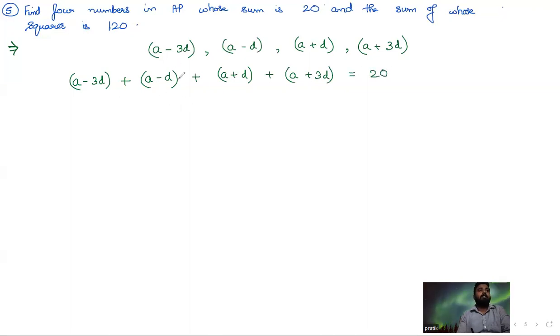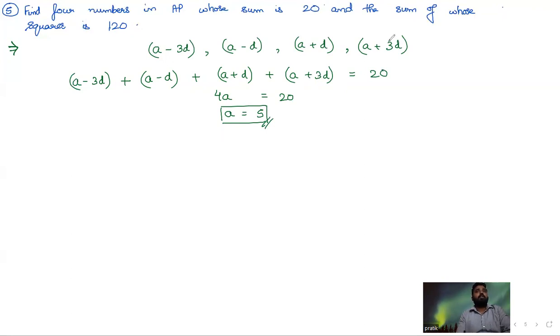Definitely, minus 3D cancels with plus 3D, minus D gets cancelled with plus D. So left out is 4A is equal to 20. So from here, A is equal to 5. You got your A value.